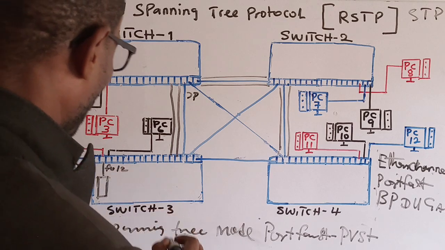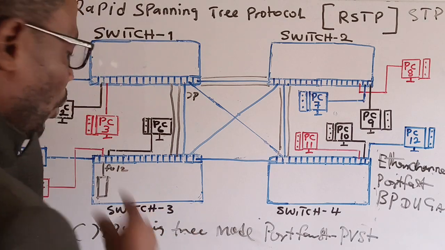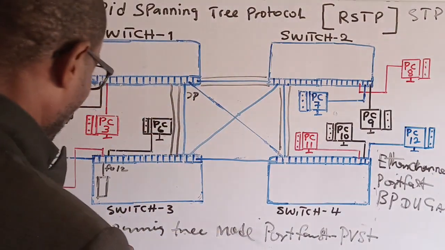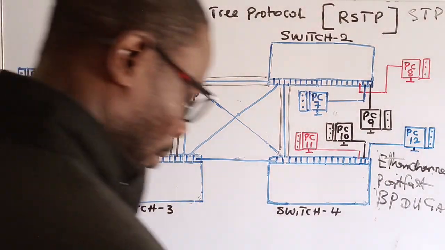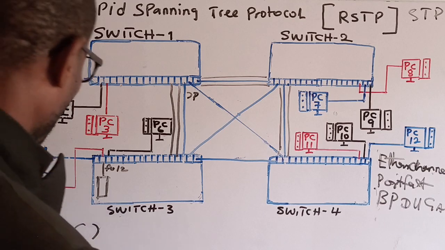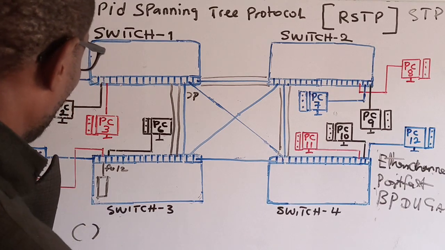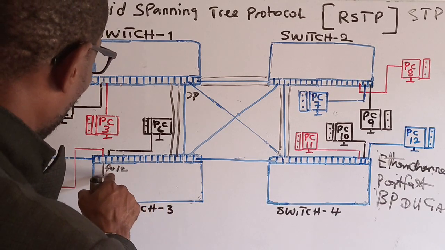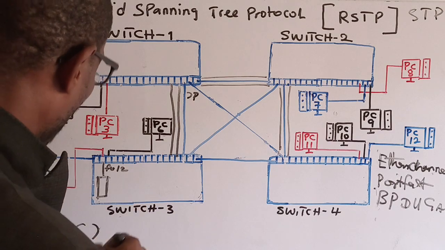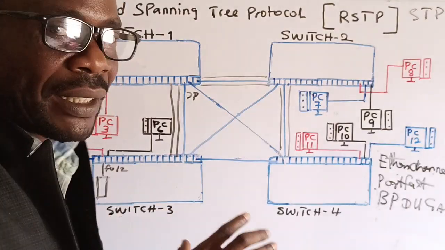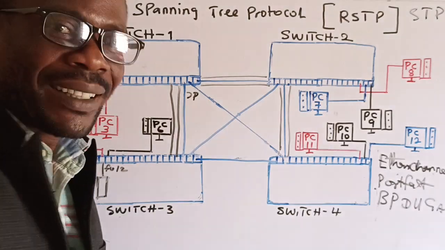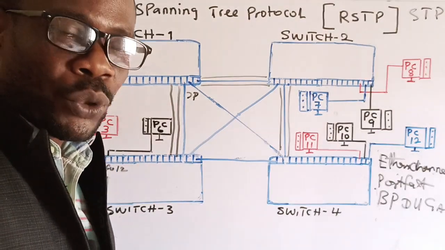It's Fa0/2. What you need to do is disregard the earlier configuration, the one I just cleared now. Make sure that nobody touches this server. It's always connected, and this server must be in the IT room where you are.